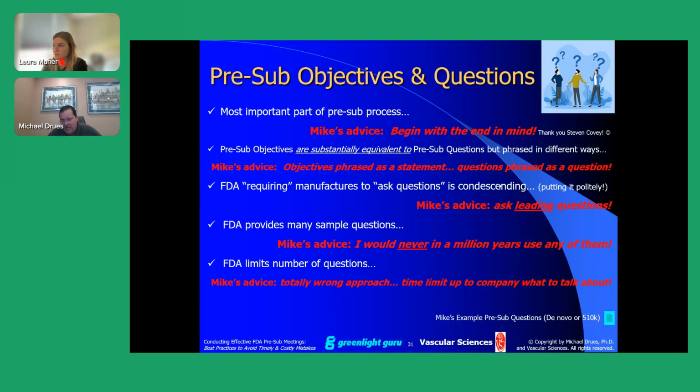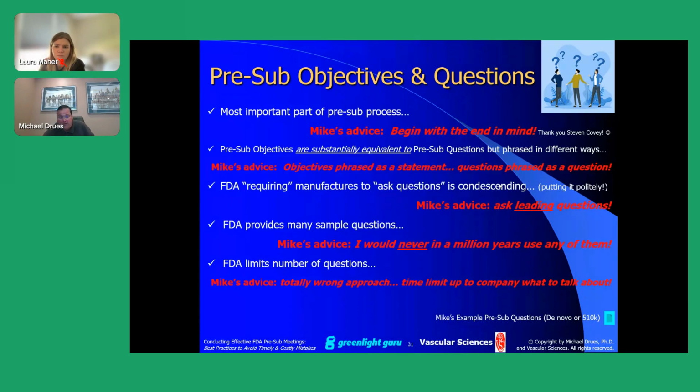In my opinion, the better thing to do is to limit the time. You say to the company, okay, a pre-sub meeting is 60 minutes. Actually, in reality, it's a little less than 60 minutes, but approximately 60 minutes. You can use that time however you want. If you want to talk about 65 different things within that 1 hour, fine, no problem. If you want to talk about one thing in much more depth in 1 hour, fine, no problem.